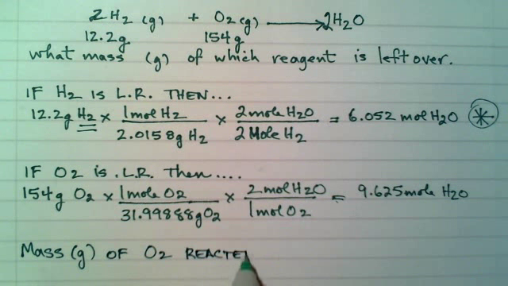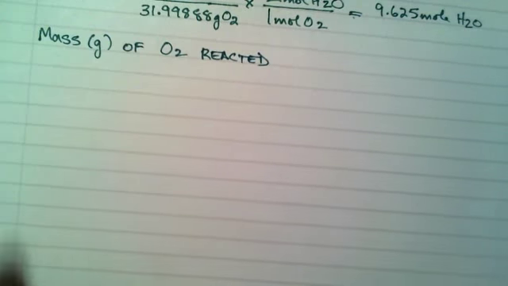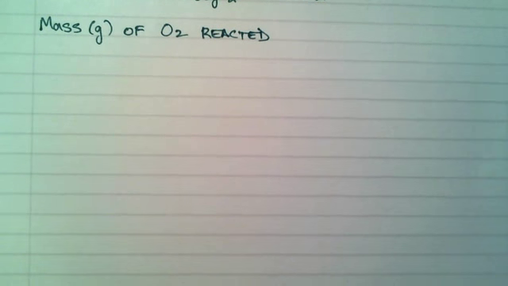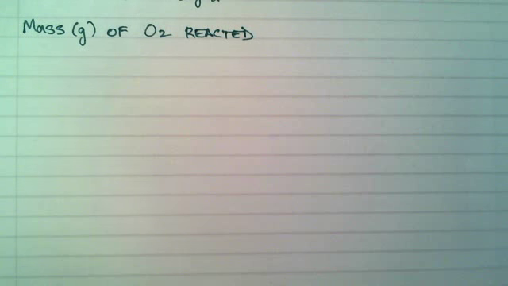Well, that would be the amount in grams, the mass, that's needed to completely react with my limiting reagent total mass. And we just said that H2 is the limiting reagent, so it's going to not only determine exactly how much product water is formed, but also determine exactly how much O2 reacts.